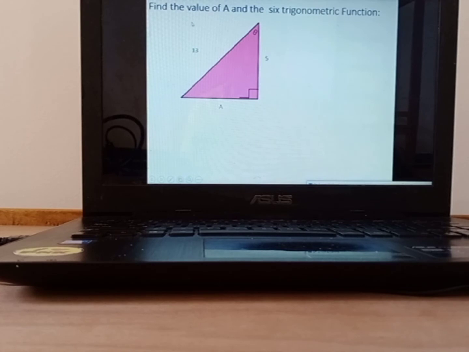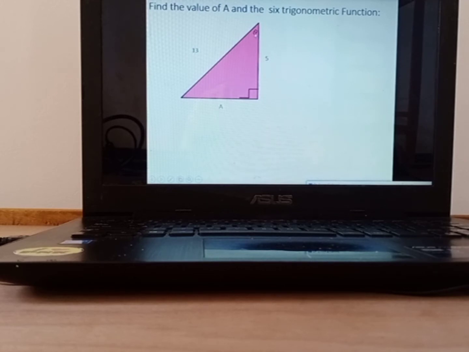So we will have to find the value of a and the 6 trigonometric functions. So we will have to find the missing side of our right triangle. If this is our right triangle, class, this is our angle theta. So here are our sides. We will first determine our given.